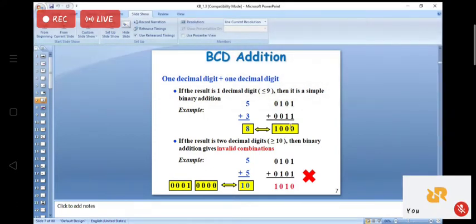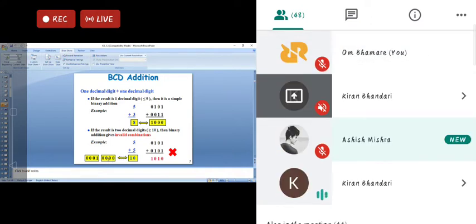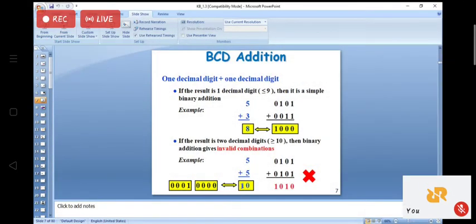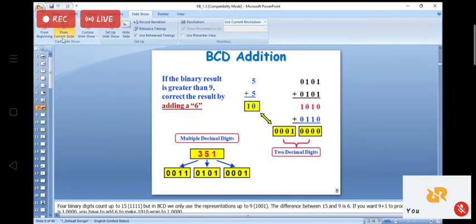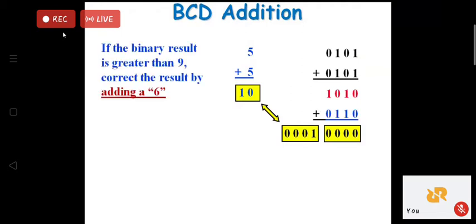But when the answer goes to 10 or above, 10 is not a valid BCD number, and it has to be represented by a combination of 4 bits for this digit and 4 bits for that digit. So we have to devise a mechanism or algorithm by which this problem will be taken care of. I have just shown the earlier slide again so that you can keep up with the previous things.